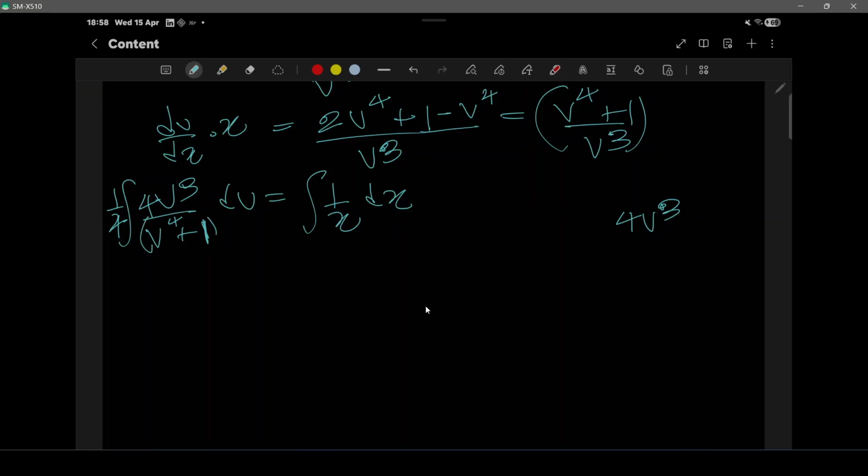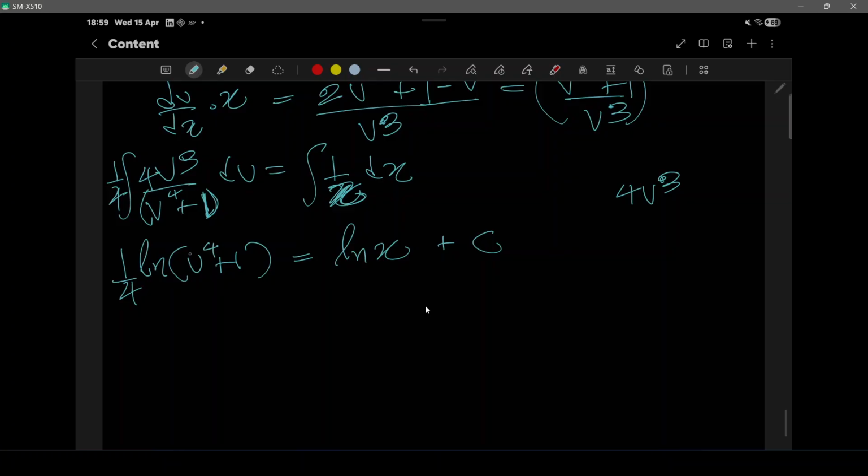The differentiation of this term is on the numerator. So we can straight away write v to the power 4 plus 1 is equal to, this is straight away ln x, the same idea. The differentiation of x is 1, it is on the numerator, plus c.